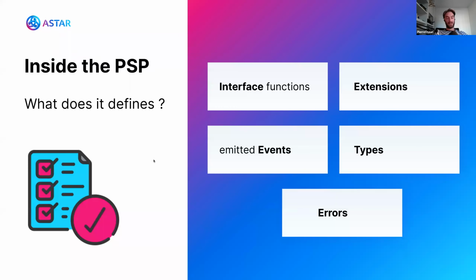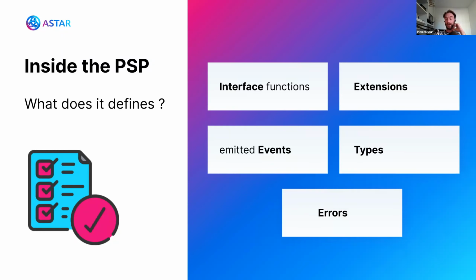So inside the PSP, what does a PSP define? The most important, I think, is the interface functions. As I said, to enable interoperability, all functions need to have exactly the same name.